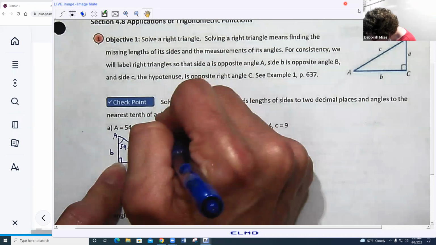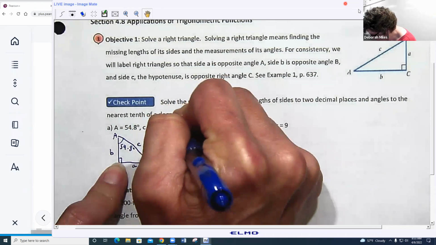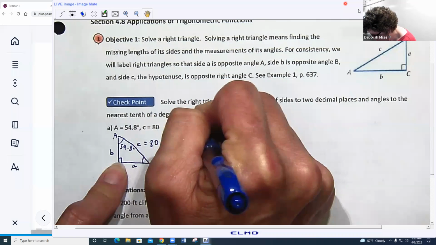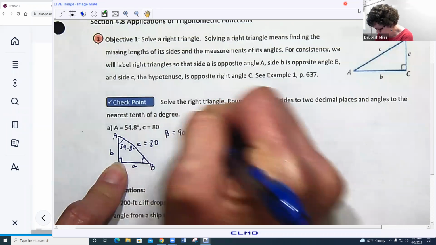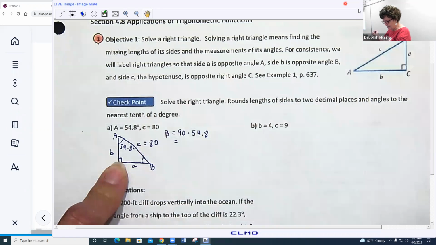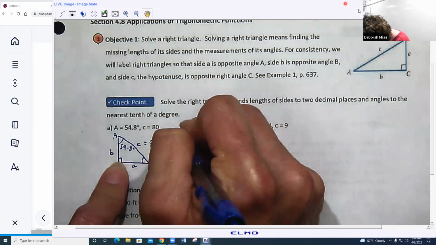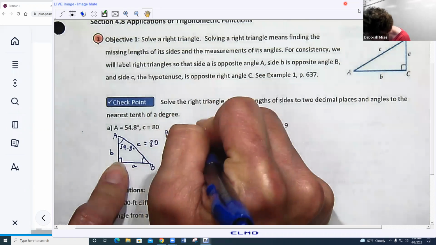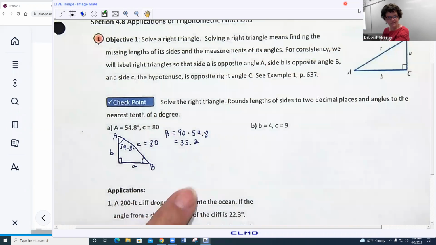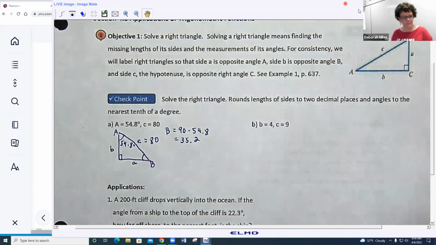So angle B is going to be 90 minus 54.8, and that is 35.2. Let me double check that. 89, 90. Yeah, 35.2. So now we have all 3 angles, but only one of the sides.